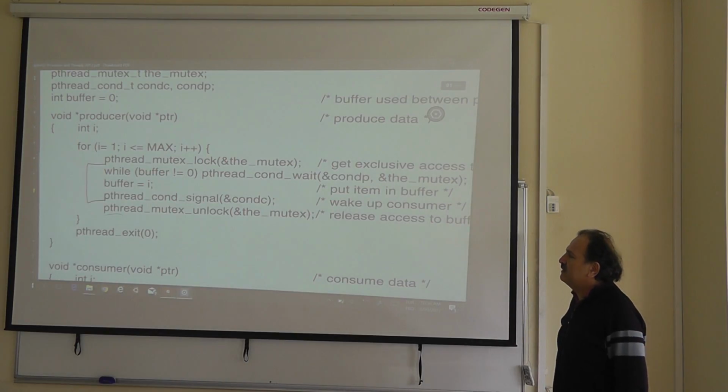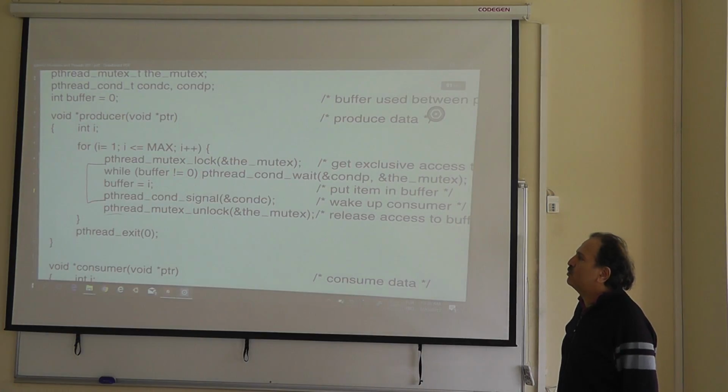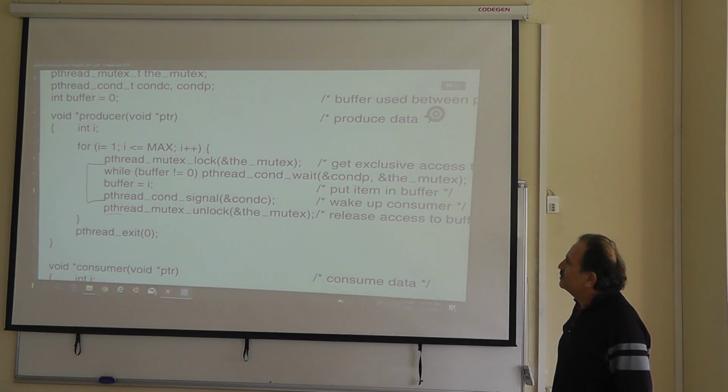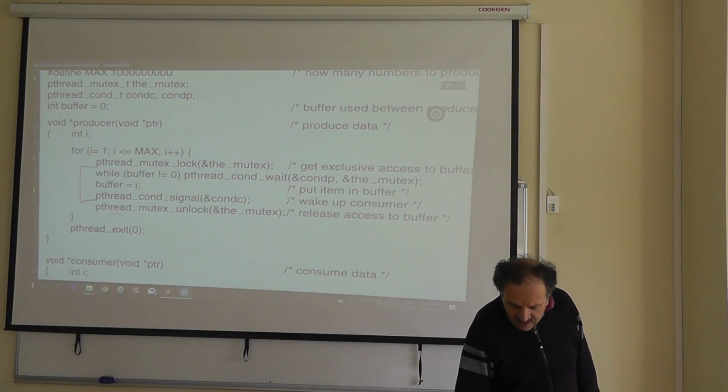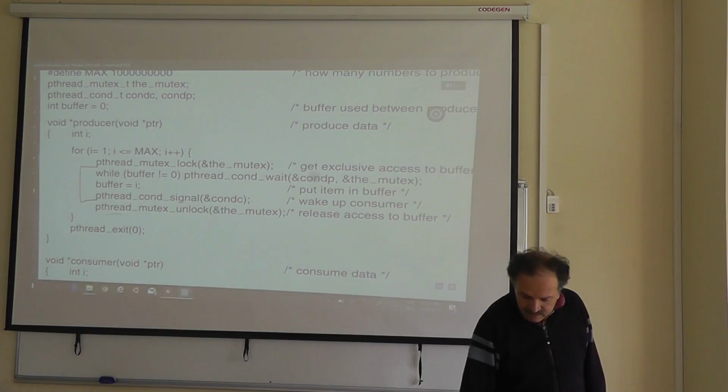If the buffer is not 0, that means that the consumer did not consume that number yet. So I will run this function, pthread condition wait. What do I wait here? I will wait for this condition producer to be signaled. I am waiting on this condition variable.